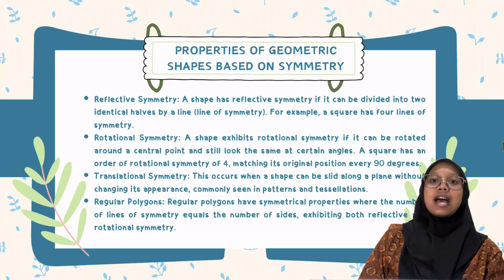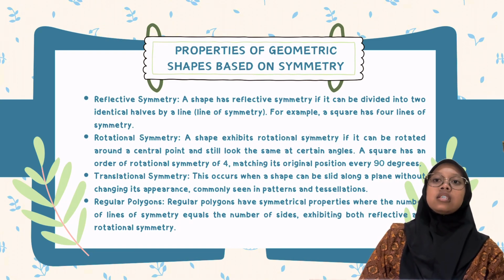A square has an order of rotational symmetry of 4, matching its original position every 90 degrees.